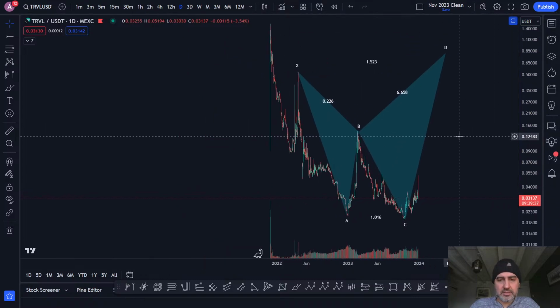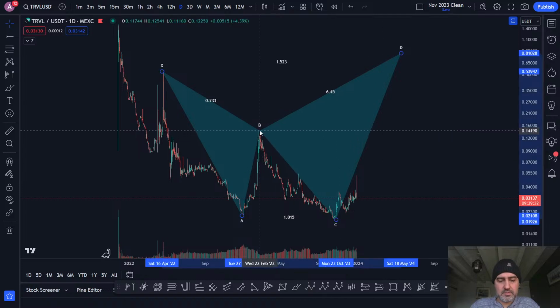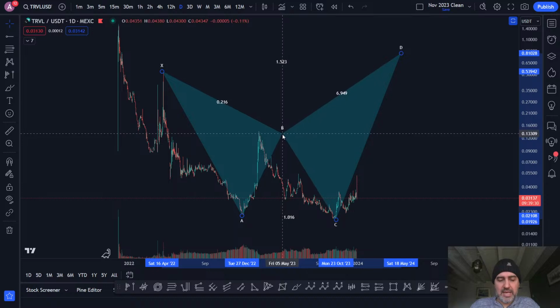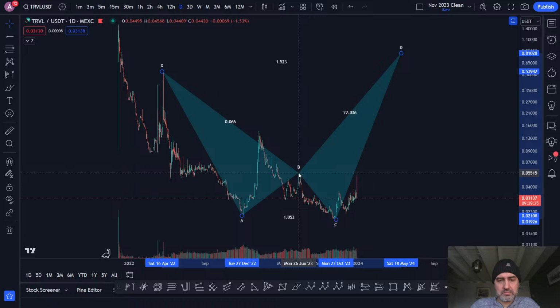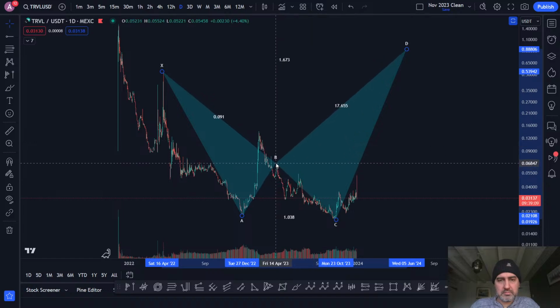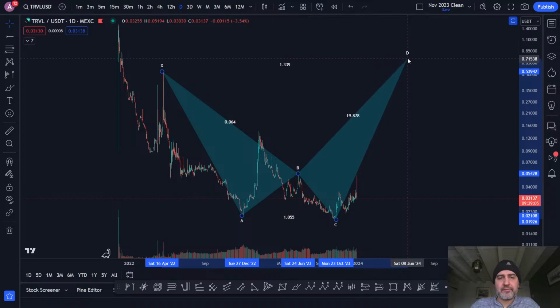That's a bearish shark. It'd be more like that actually. You have a bearish shark.